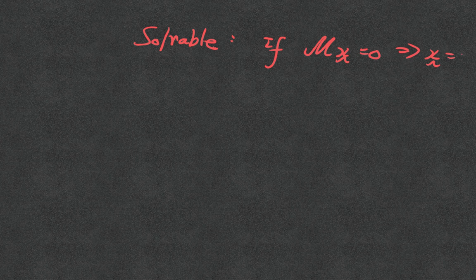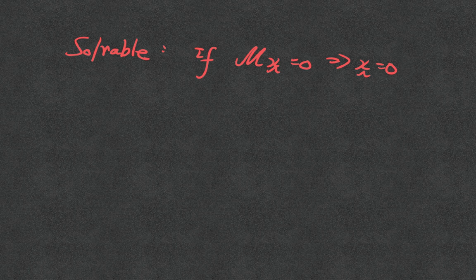I want to define solvability in a more absolute sense. A system is solvable if AX equal to 0 implies that X equal to 0. Does that make sense? It simply implies that you don't have a null space on that matrix.